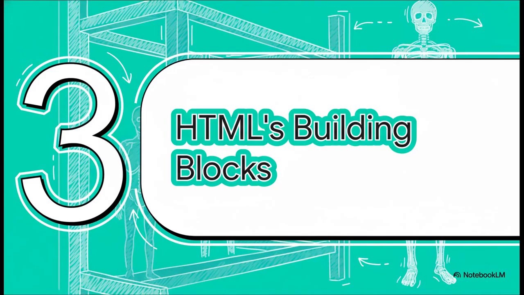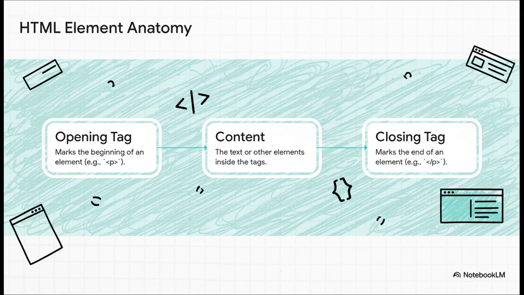All right, so we know what HTML is for. Now let's zoom in a little closer on our map and see how it actually works. The good news is it all comes down to a really simple and consistent set of rules. So in HTML, every piece of content, like a heading or a paragraph, is wrapped up into something called an element. And pretty much every element has three basic parts.